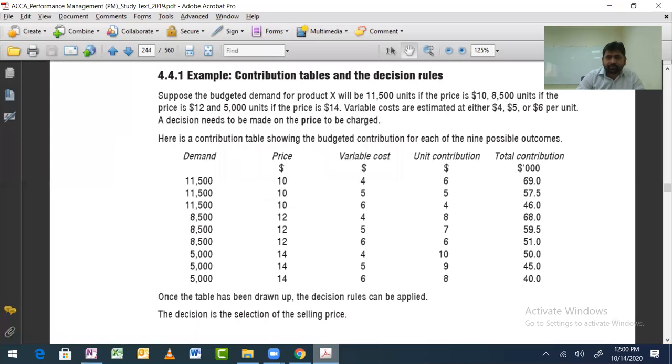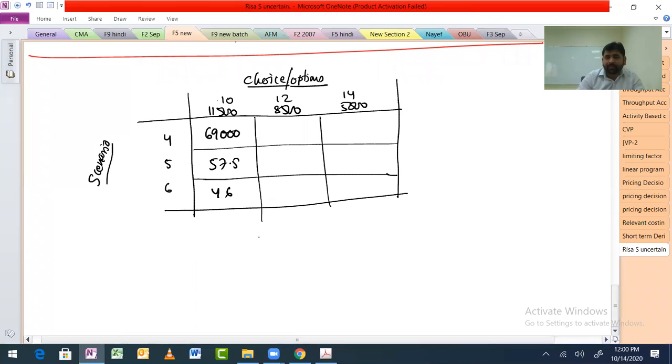Why not unit contribution? Why do you want me to write 6, 5, and 4 in place of 69, 57.5?